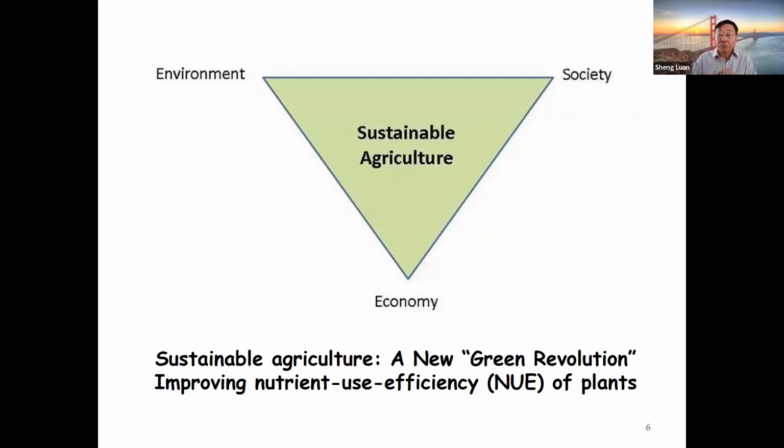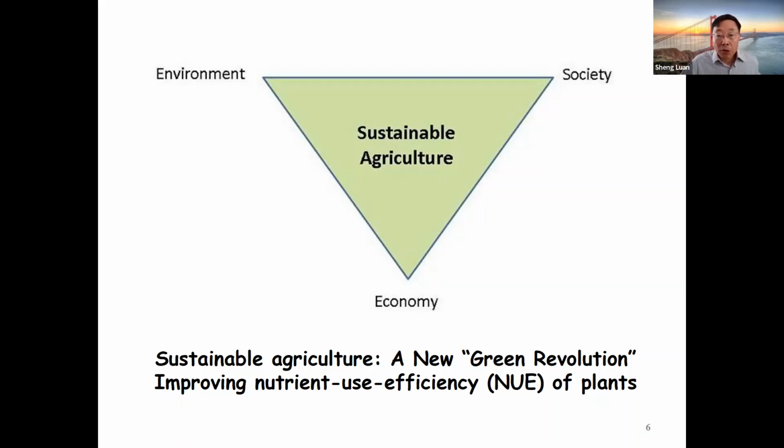So a new green revolution in agriculture really involves reduction of chemical input, including fertilizer. Of course, fertilizer is probably the largest chemical input in agriculture. And this green revolution is, of course, considered important to support sustainable agriculture, which is obviously central to supporting our society, environment, and economy.